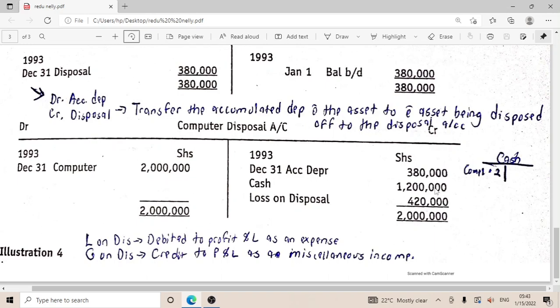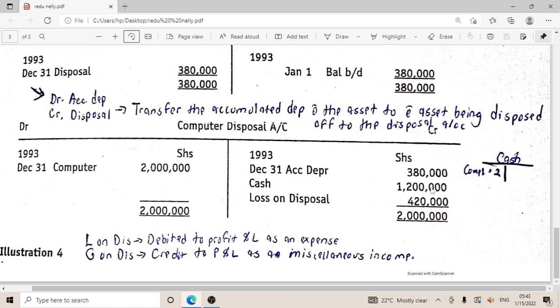I hope you have gotten where the computer disposal account is being credited with the cash. So once you have debited cash somewhere, you come on the corresponding credit side to record the transaction, that they were able to receive the cash from the disposal. So the entries will be debit cash, then credit disposal account, and it's what we have done here. We have credited the disposal account by this, which is 1.2.